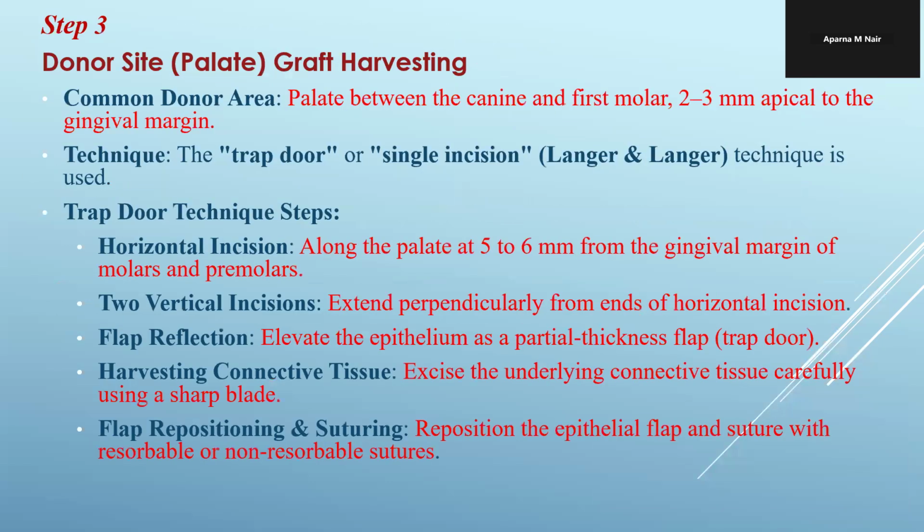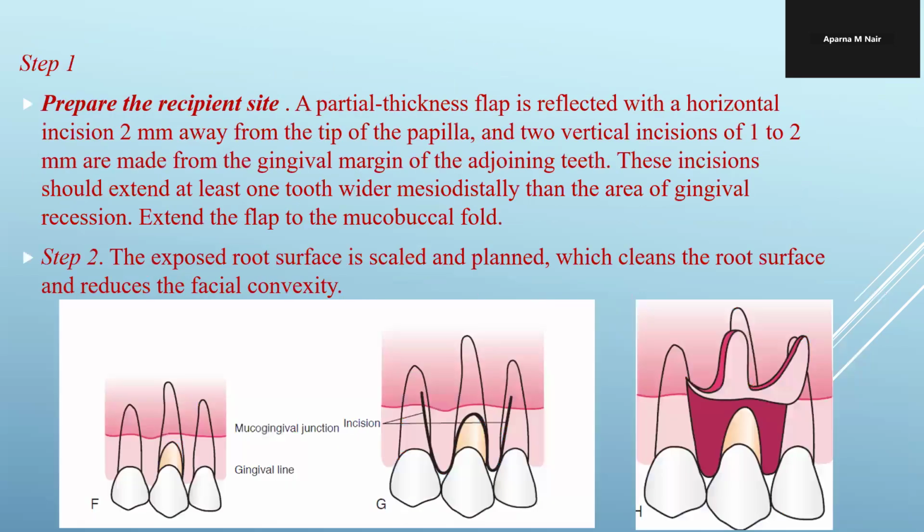So once again, the steps include, first, preparing the recipient site by giving a horizontal incision 2 millimeters from the tip of the papilla and 2 vertical incisions 1 to 2 millimeters away from the gingival margins of the adjoining teeth. Make sure these incisions extend at least 1 tooth mesiodistally wider than the actual gingival recession.